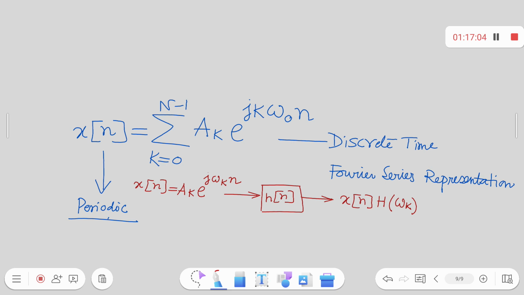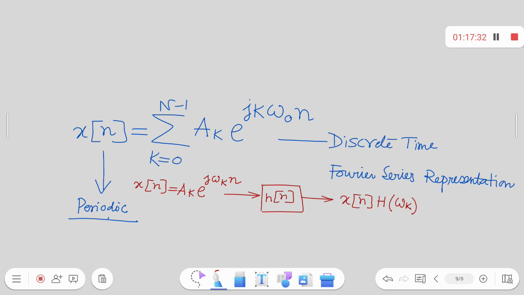So if I invoke the property of additivity, because it's an LTI system, then for a_k e to the power j omega_k n, the output is x of n multiplied with H of omega_k. If it is omega 0, x of n H of omega 0. If it is omega 1, x of n H of omega 1.